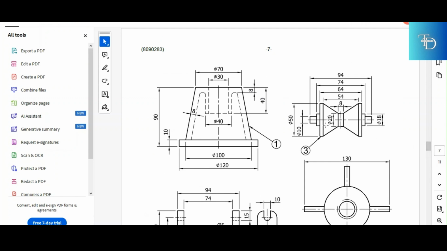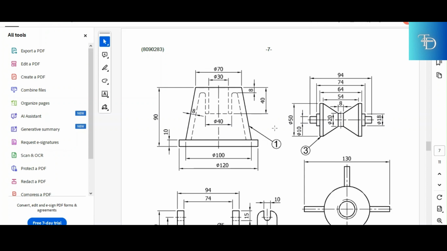So these part numbers right here, they are not just labels, not just part numbers for you to distinguish between the parts, but you can also refer to them as the level of importance of the part. The first part, part number 1, you can also refer to as the most important part, because that is the base.